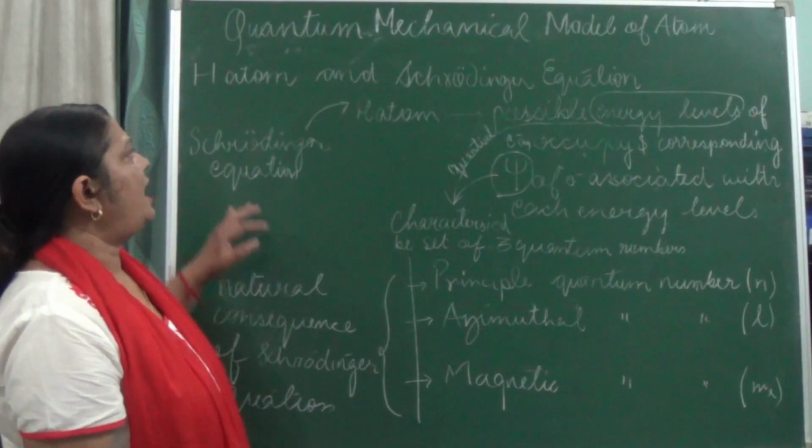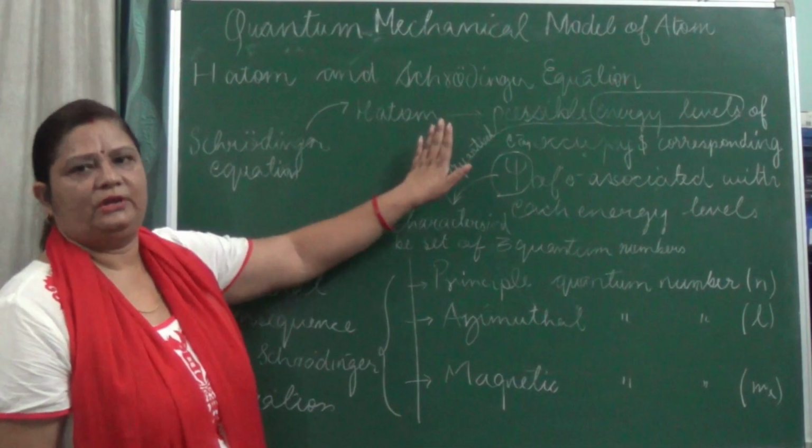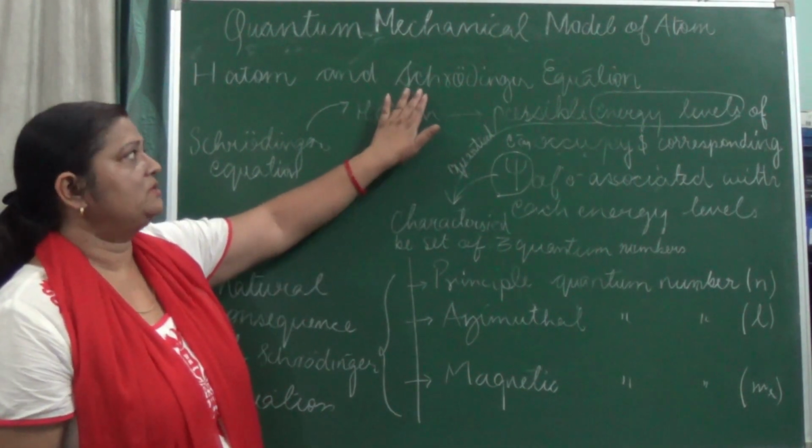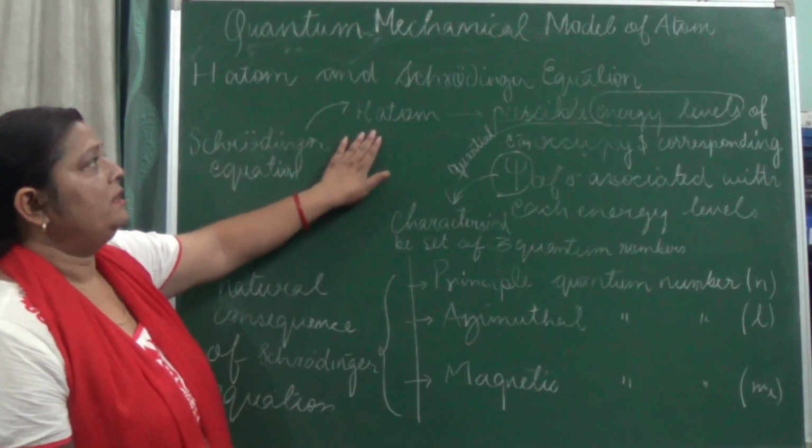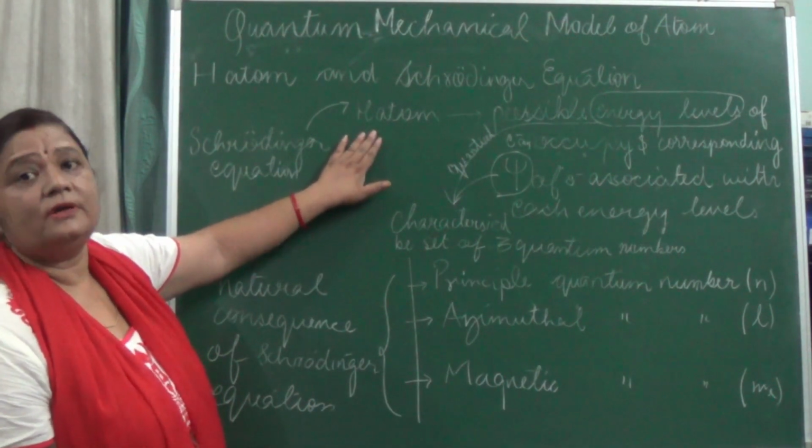So now, hydrogen atom and the Schrödinger equation. How was Schrödinger able to give his quantum mechanical model of atom?